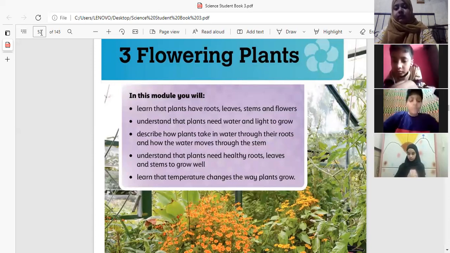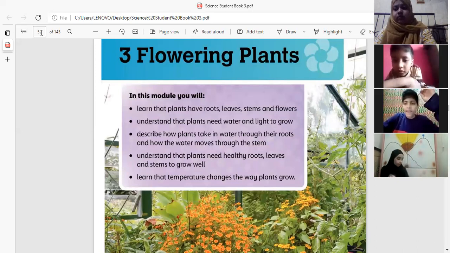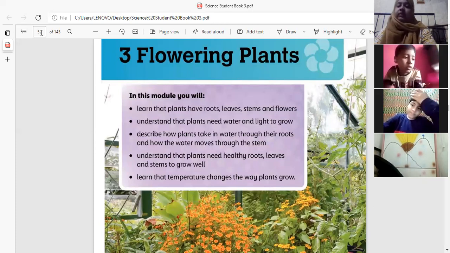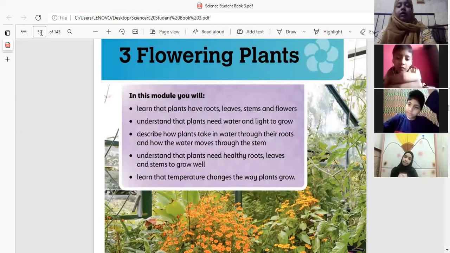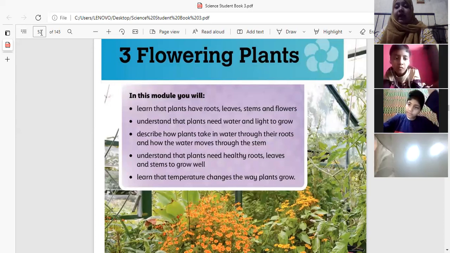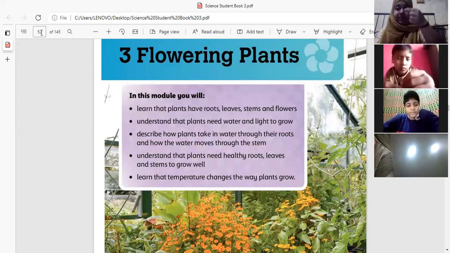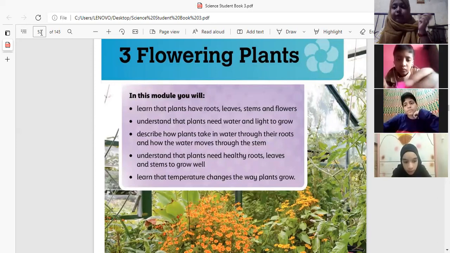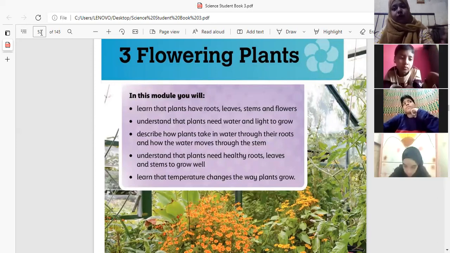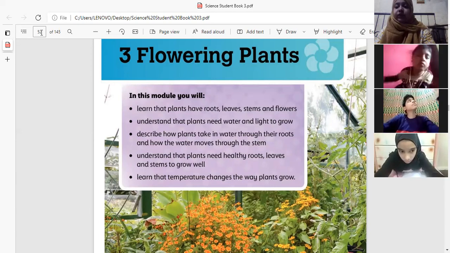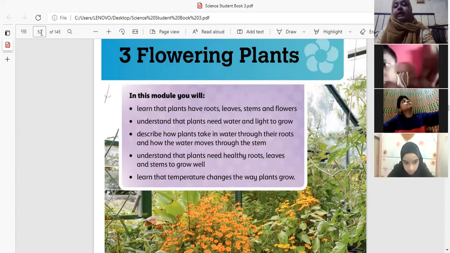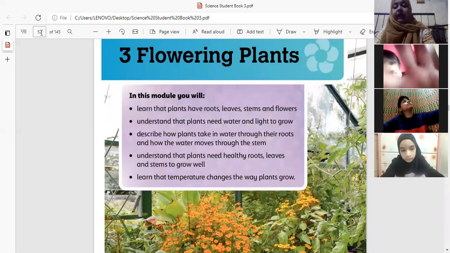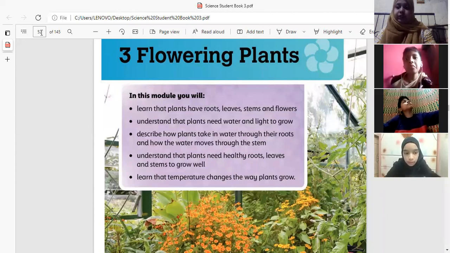Stems take the water from the roots and it goes to the branches. Yes, very good. It acts like a pipe. The stem will supply water and food to different parts of the plant. That is the function of the stem.